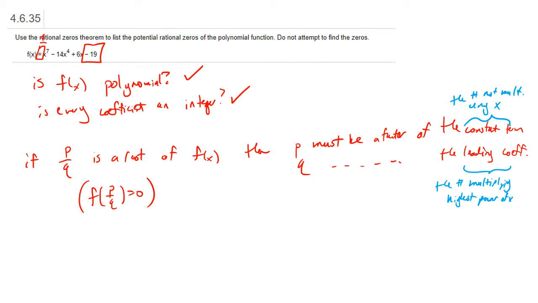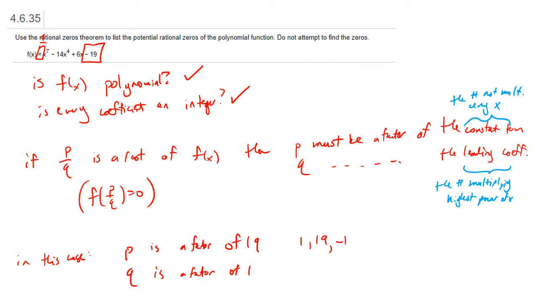So in this case, p is a factor of 19, or negative 19, but factoring does not care whether you have a positive or negative number, and q must be a factor of 1. So the factors of 19 are 1, 19, but don't forget negative numbers as well.